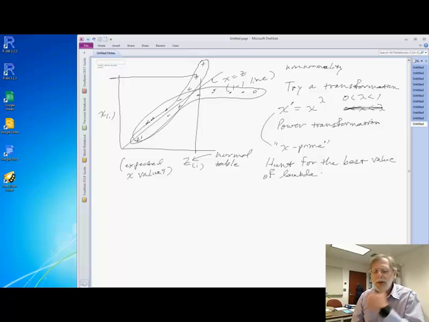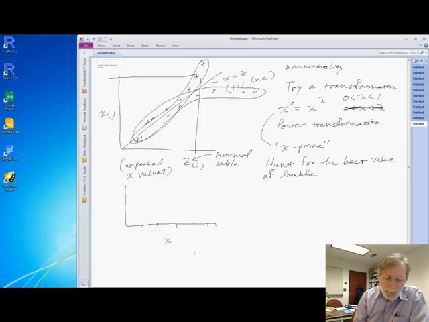Now, of course, you can kind of get a sense that this game may not work. So let's say you do a one-dimensional plot of x, and when you just look at x, you get a whole bunch of points that are way out here.